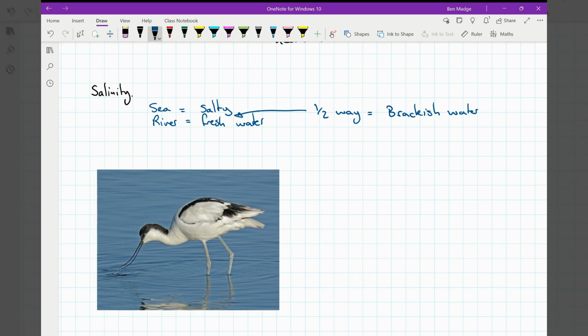Things like the opossum shrimp is very productive, reproduces very quickly, and it will grow really nicely in brackish waters, so the intertidal mudflats and lagoons.